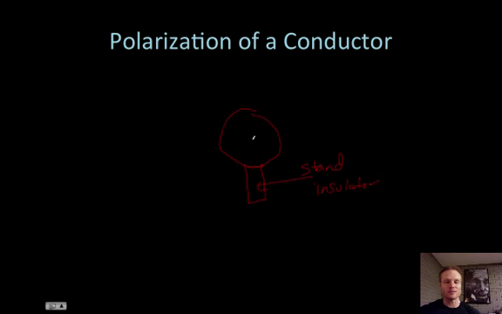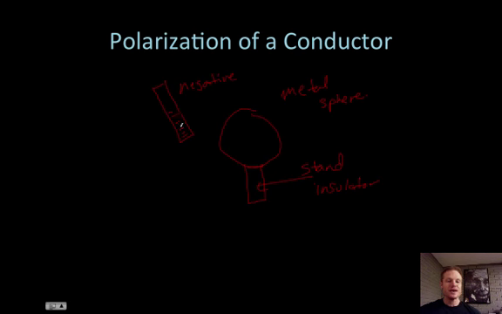It has an equal number of protons and electrons. Let's say I bring a plastic rod near the ball, but I don't actually touch it. I bring this negative rod close to this metal sphere. Maybe I'll write that down, that this is a metal sphere. So it is a conductor.